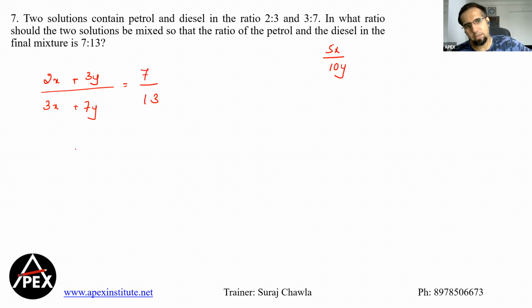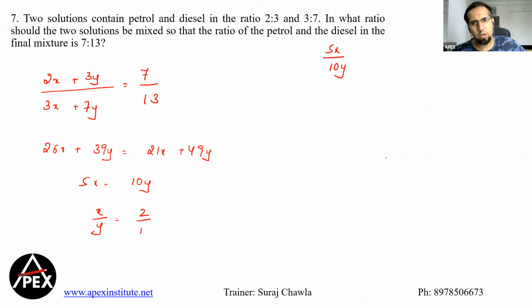So you get 26x plus 39y is equal to 21x plus 49y, or we get 5x is equal to 10y, or x by y is equal to 2:1. So this can be written as 5 by 10 into x by y, which is 1 by 2 into 2 by 1. And the ratio is going to be 1:1.